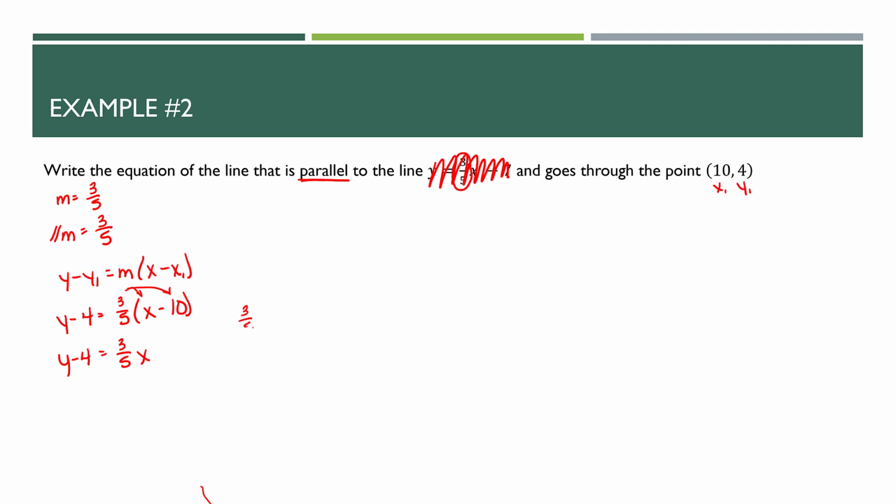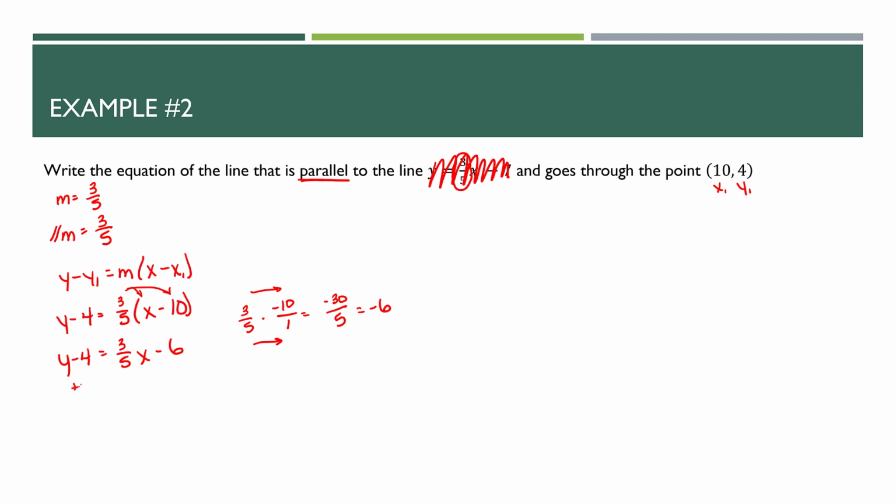So 3/5 times negative 10. We're going to write negative 10 as a fraction, negative 10 over 1. So now we can go across the top and across the bottom. Negative 30 over 5, which equals negative 6. So that goes right here, minus 6.